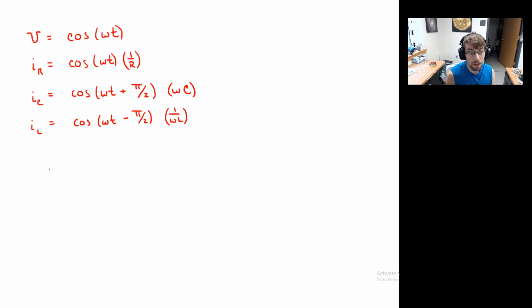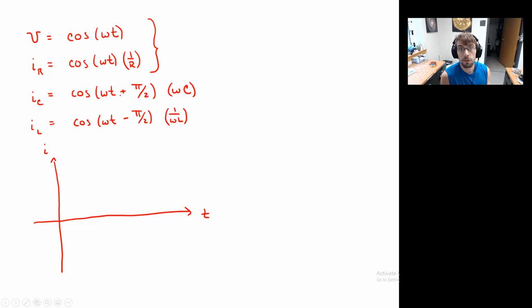So let's go ahead and plot these. I find this really fascinating. First off, I'll plot time, and I'll call this I, the current. Notice that the current through the resistor and the applied potential vary in exactly the same manner.